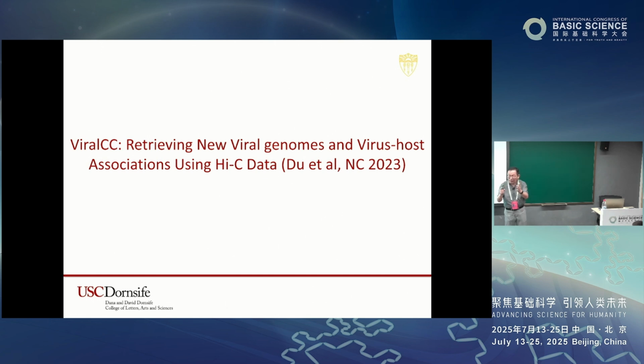The graph is very, very sparse for viral contigs, and you don't get the complete viral genome. That means we cannot use our previous method to get that. So what other information might we be able to use to get the viruses?